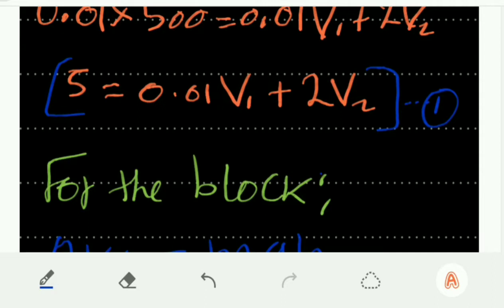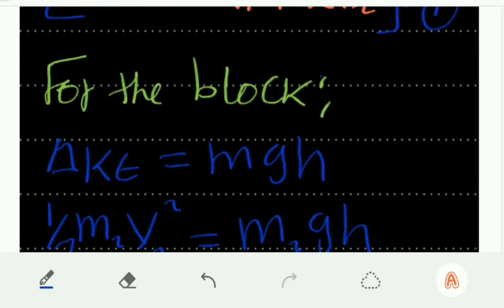So the change in kinetic energy of this block is equal to the gain in its potential energy.